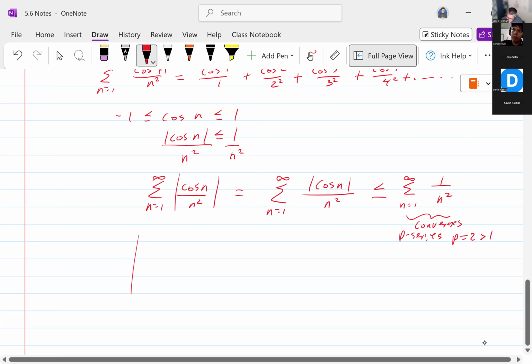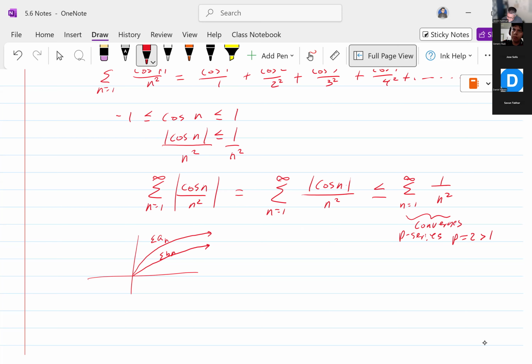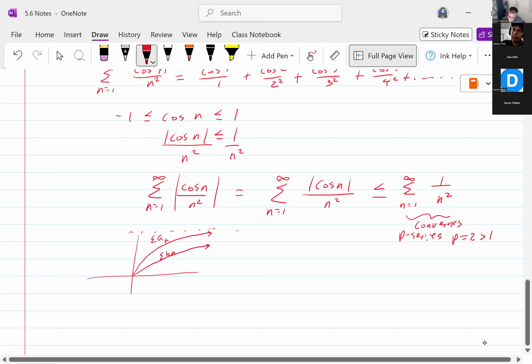And again, if I know that a series converges, but every term is less than or equal to that term, what do I know? If this is a known convergent series, and I want to compare it to b sub n, which is always smaller than a known convergent series, then what can we say about what we have here?